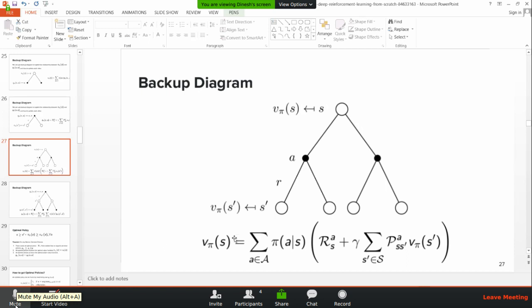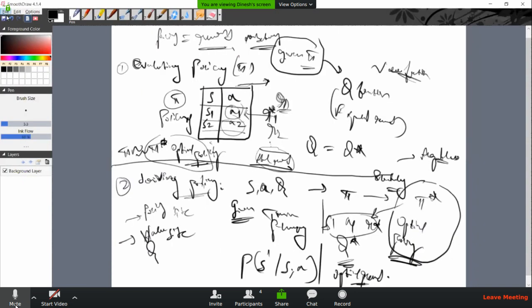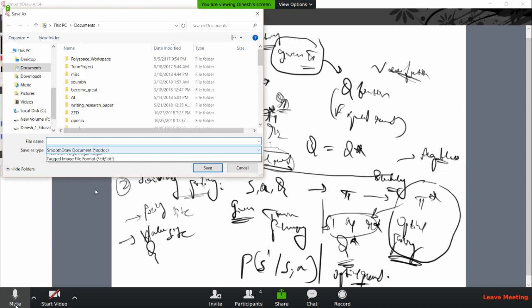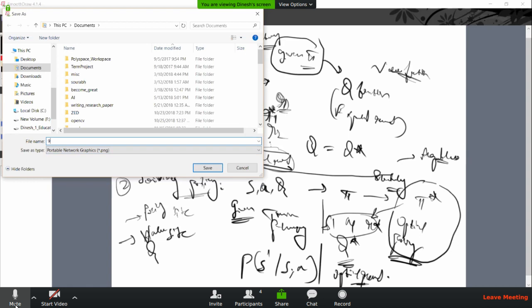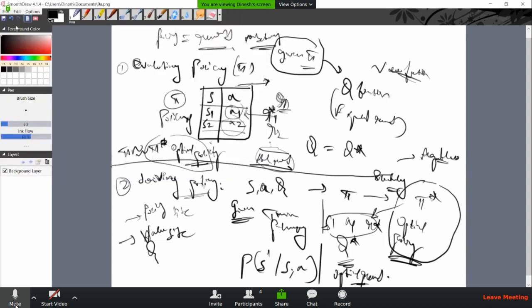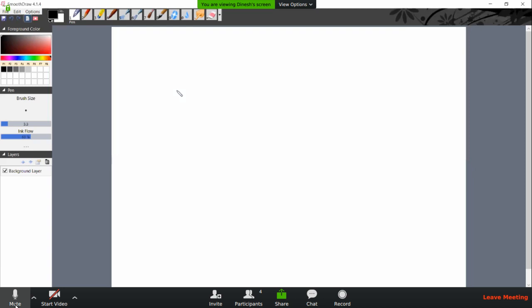In a deterministic policy, if you are in state S1, you take one action.